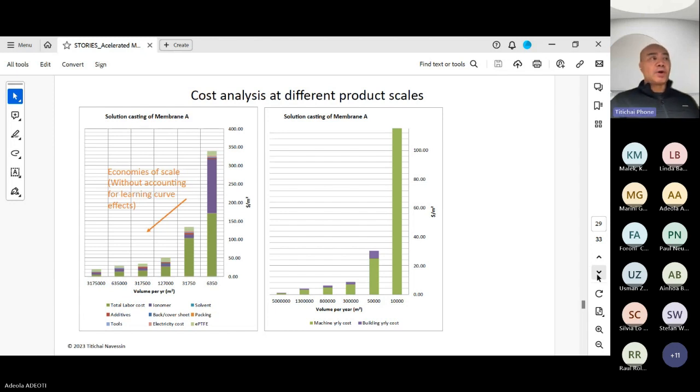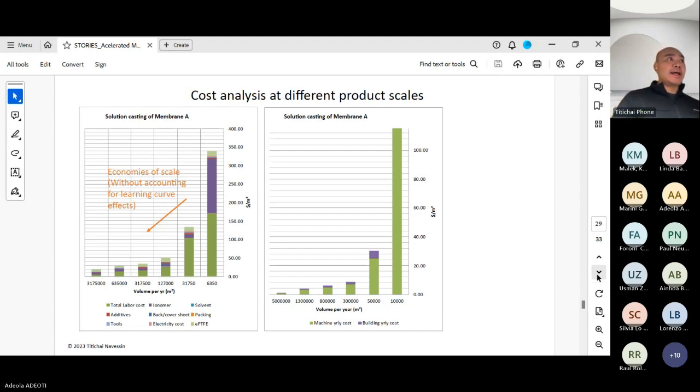The learning curve effects, what do I mean by that? In the practical sense, as we increase the volume, the manufacturers would then learn about how to improve efficiencies in various steps. So there's a learning curve that typically accelerates that economy of scale beyond a linear projection here.